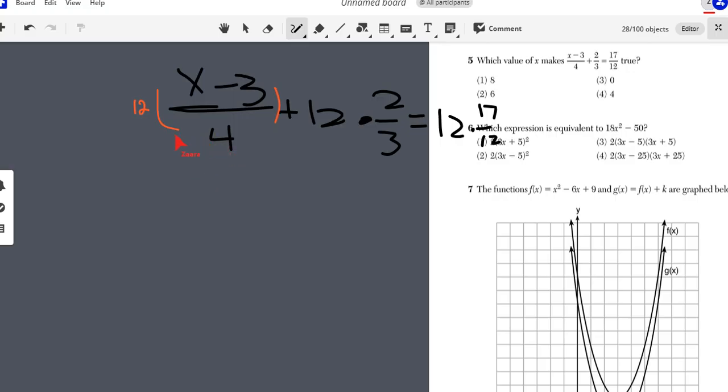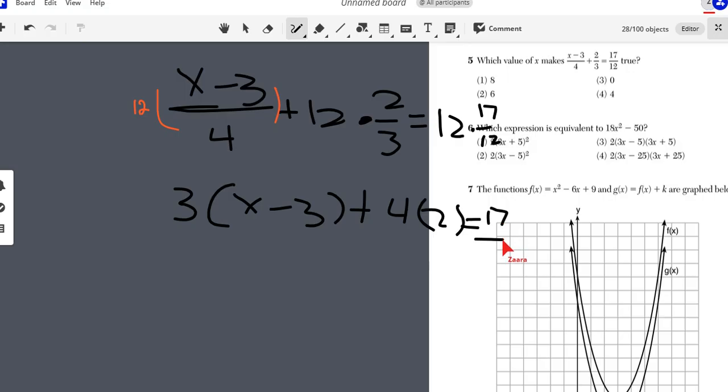Okay, simplify it further. So then I get 3 of x minus 3 plus 4 times 2 equal to 17. And then we distribute, and we get 3x minus 9 plus 8 equals 17.